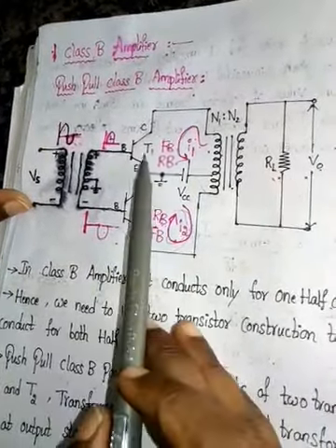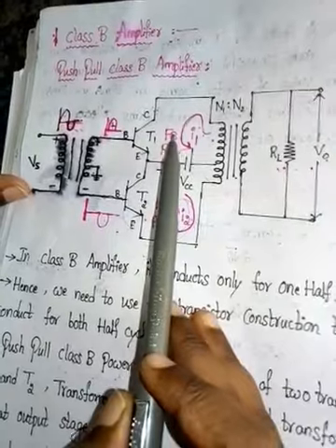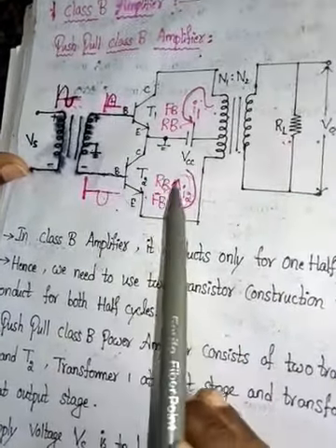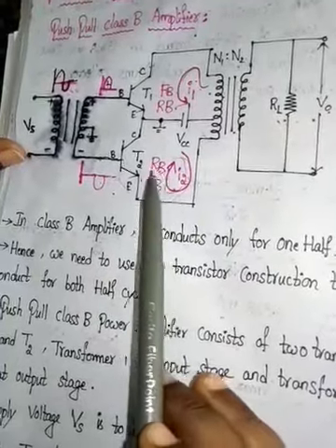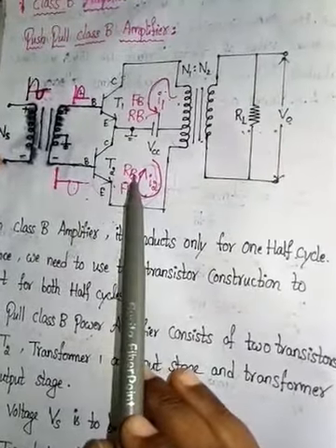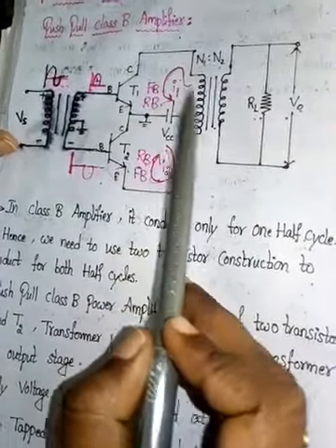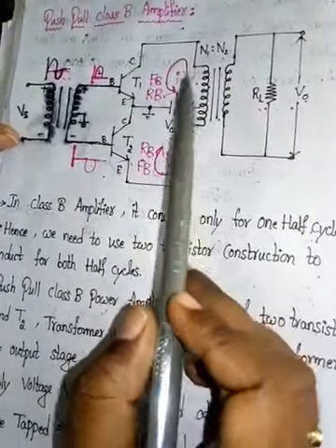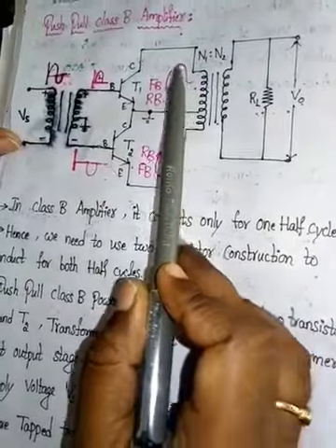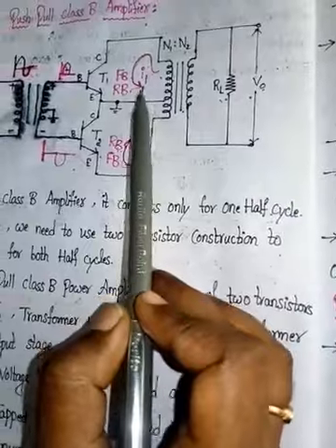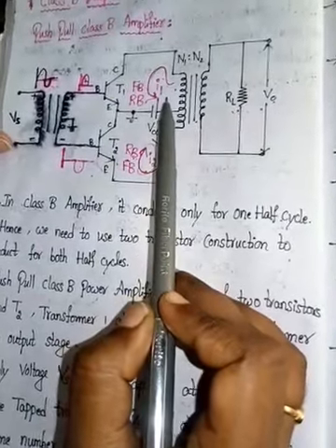That means the transistor T1 will be in forward bias during the positive half cycle, and the transistor T2 will be in reverse bias. So the current flows only across the transistor T1 from the secondary of the transformer. The current I1 will flow in this direction during the positive half cycle.